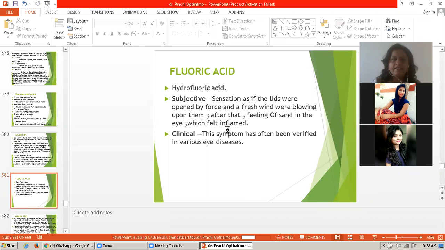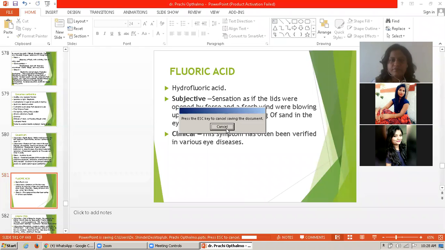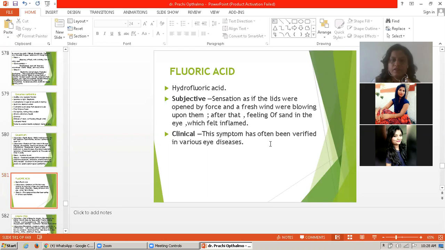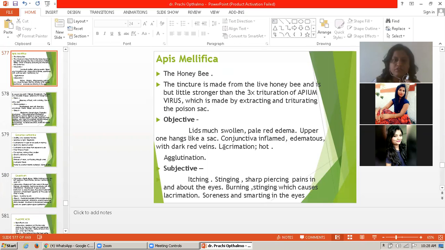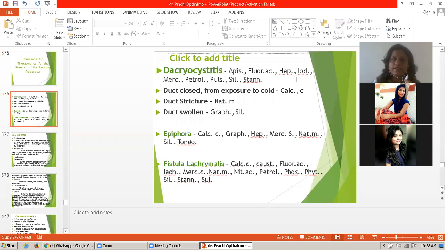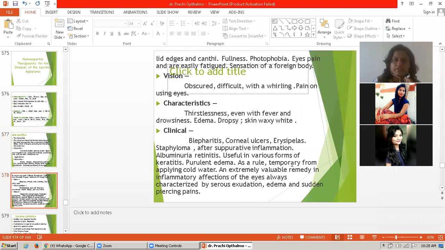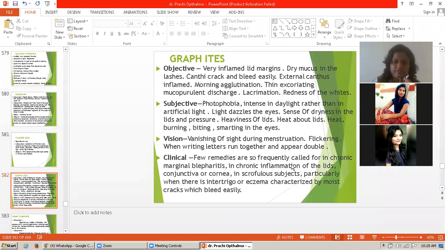Clinically, these symptoms have often been verified in various eye diseases. So, Fluoric acid is useful in dacryocystitis and also in fistula lacrimalis.